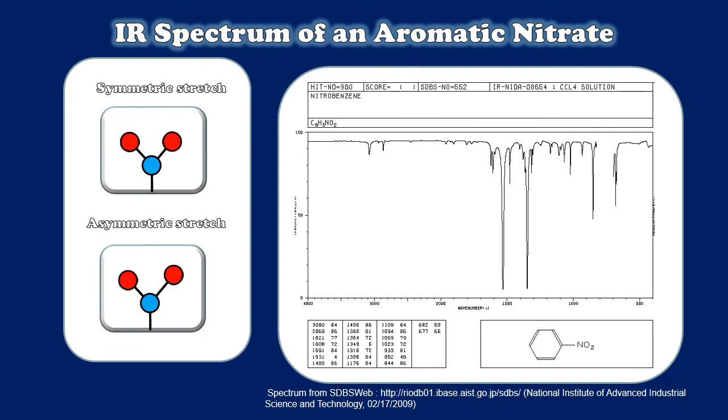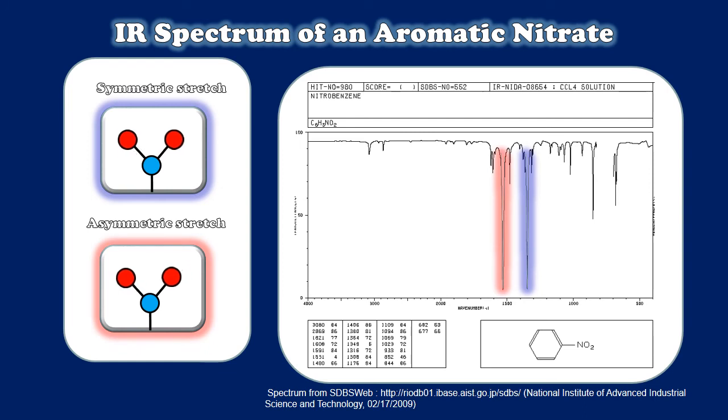And in fact, that's exactly what we see, with the symmetric stretch having an absorbance right around 1350 wave numbers, and the asymmetric stretch somewhere just above 1500. This region of the IR spectrum is usually otherwise fairly empty. So it's very, very simple to detect the presence of at least one nitrate on your compound simply by looking for these two very pronounced absorbances.